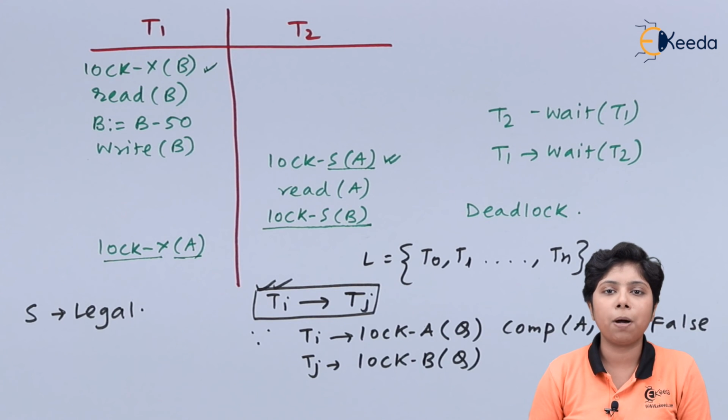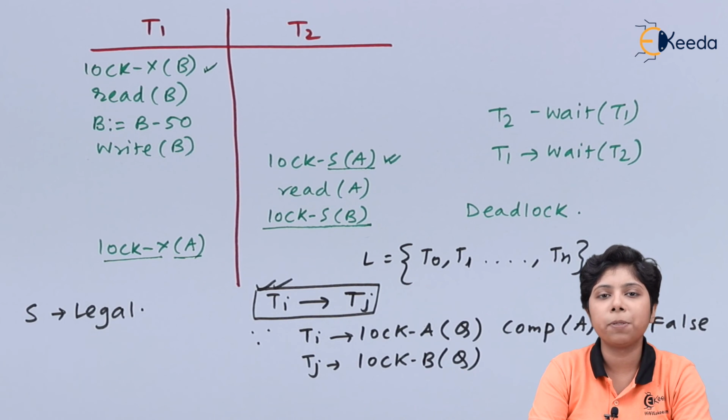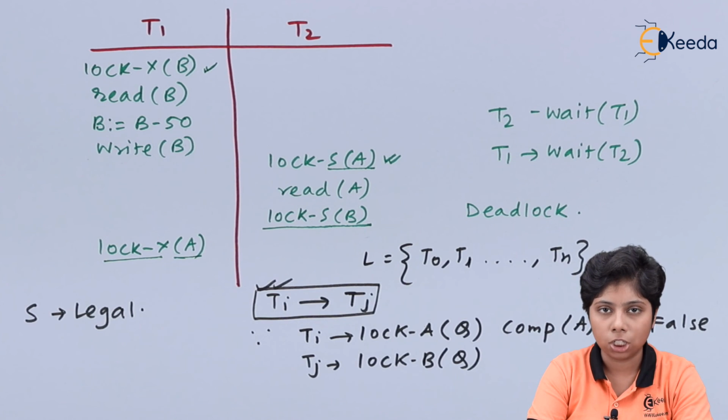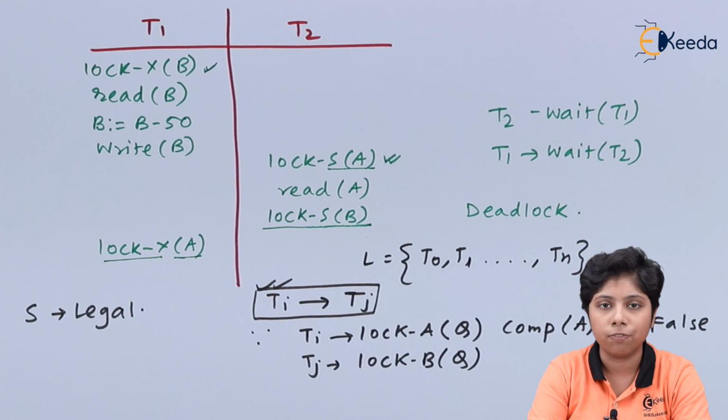Now we will talk about how to grant these locks. Whenever a transaction is waiting for a particular data item to get locked and it cannot get it because of the deadlock or because of the waiting, then we can say that the transaction is being starved.